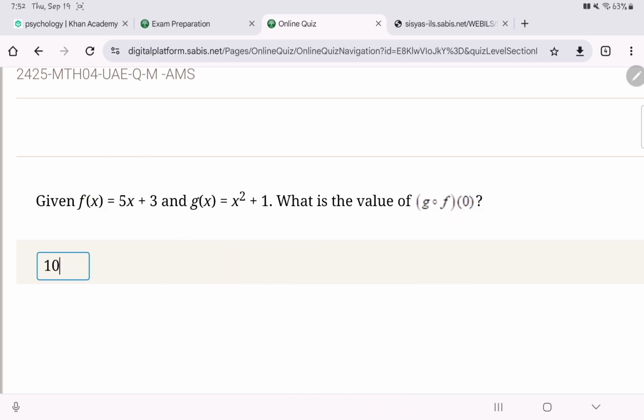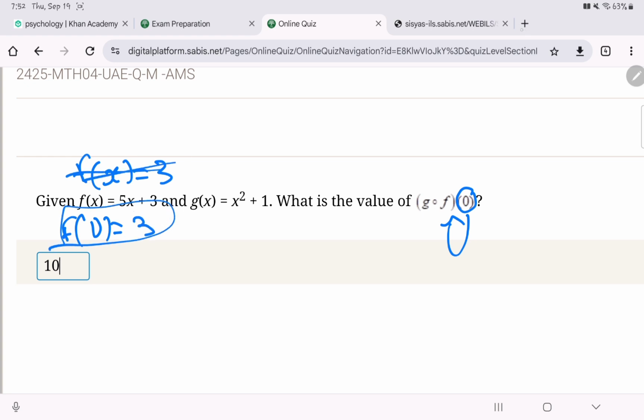I'm gonna repeat again. We're gonna start from the right to the left. 0, we replace it in f. After you replace it in f, you're gonna get that f(0) is equal to 3. Let's take it as f(0) is equal to 3. It will be easier. Then we're gonna take the f(0) and we're gonna put it into the g.